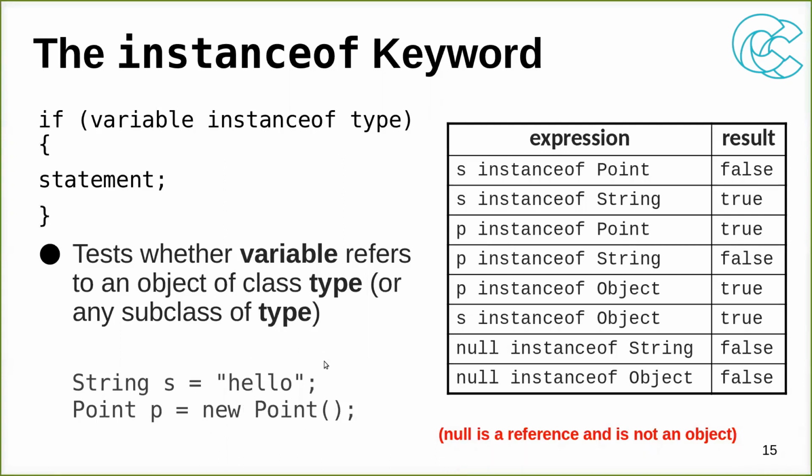But if you assign null to it, it's like saying there is no legal memory location that it points to. So in that sense, null is not of any type, right? So that's why it returns false.